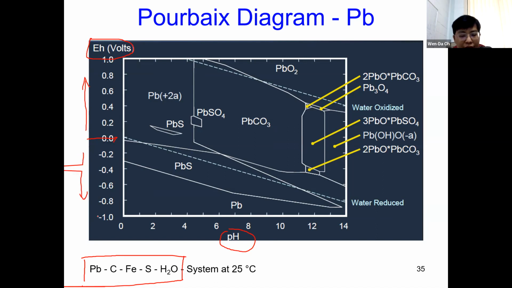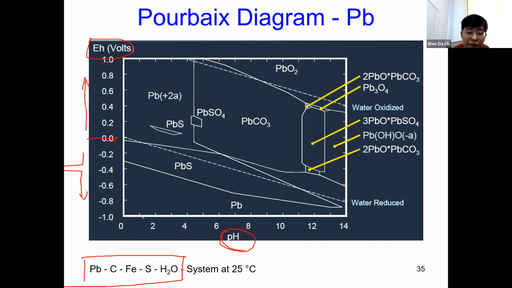Negative means under no oxygen condition, in other words a reductive condition, whereas positive means an oxidizing condition. You can also say that positive means aerobic and negative means anaerobic. This axis is the pH of the environment.